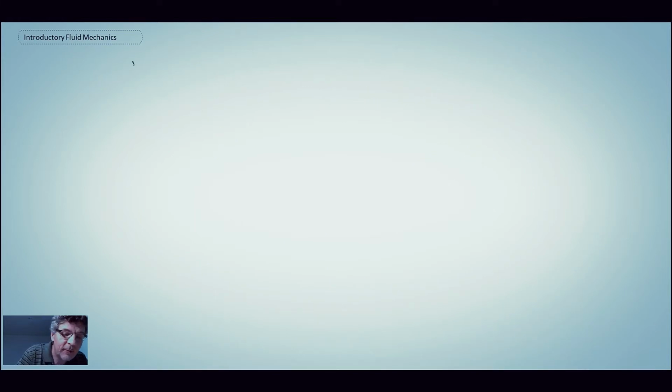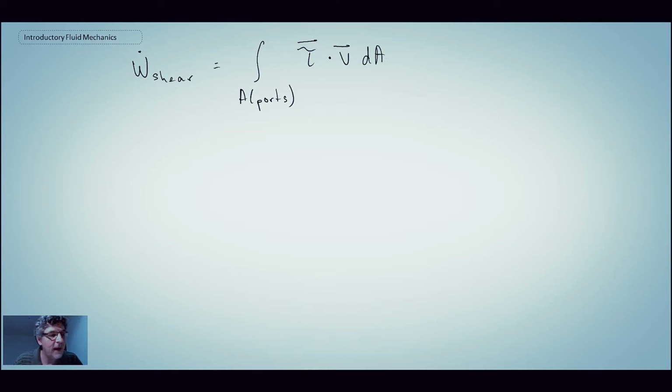So what we end up with for shear is the following. And I write this as area of ports, that's wherever mass is crossing our control boundary, so inlets or exits. So with that, we can expand out and write the work term as follows.